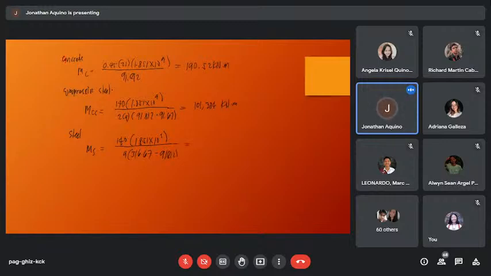So this will give 140 times 1.851 e to the 9 divided by 9 times 316.67 minus 91.812. So this will give a value of 128.051 kilonewton meter. So pa-check nyo yung compression steel, ganun talaga kalaki.